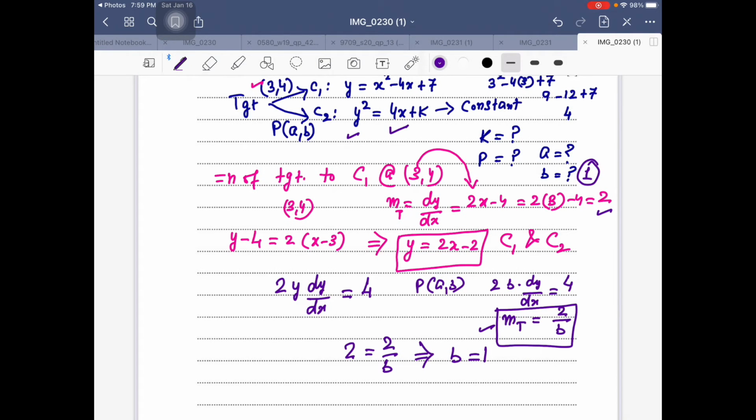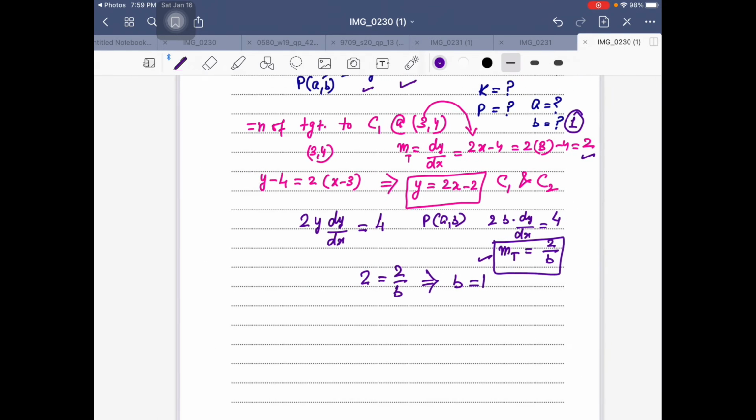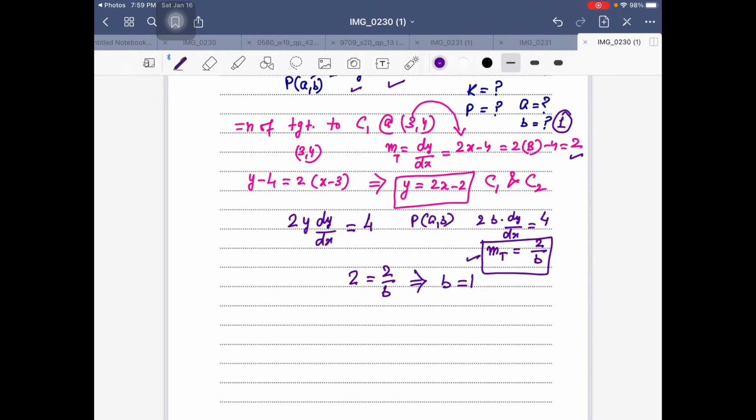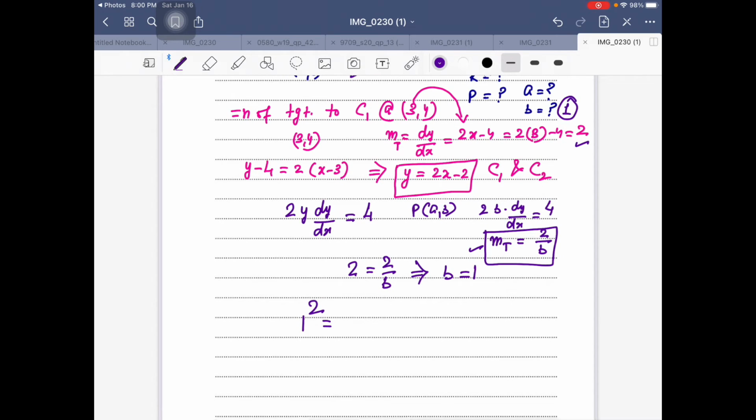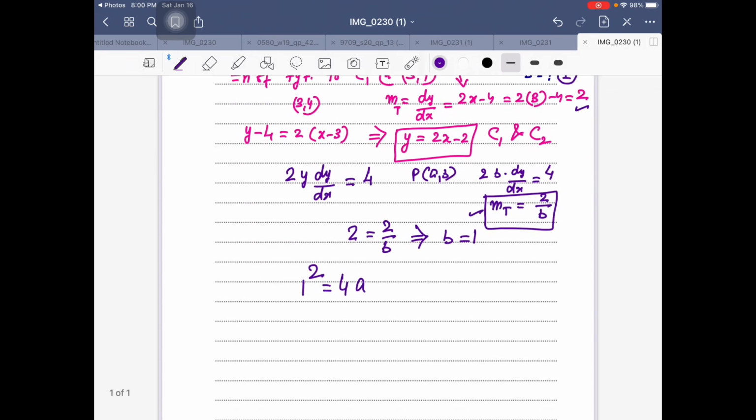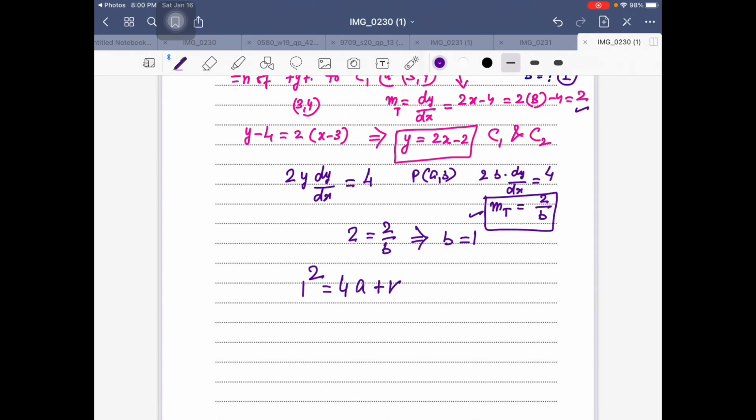So let's plug the values of the x and y coordinates into the second curve: y squared means 1 squared is equal to 4x, where x is a, plus k. From here I can find the x coordinate a in terms of k.